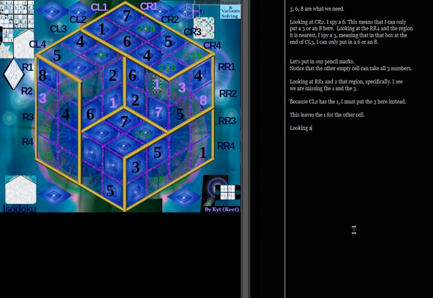Now looking at the rest of right row 1, I need a 5 and a 7.